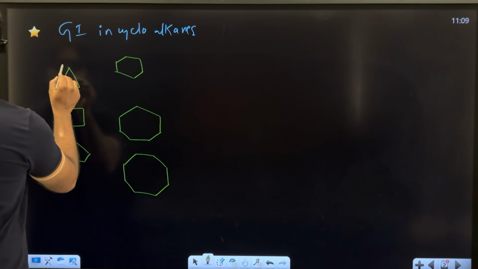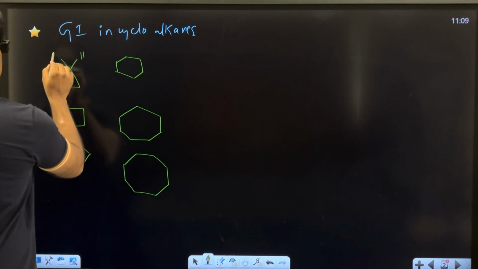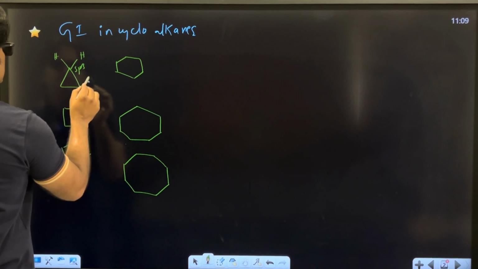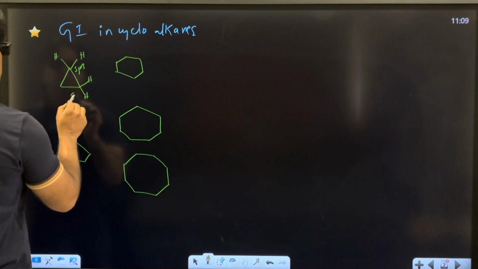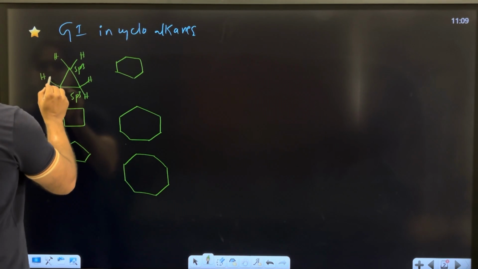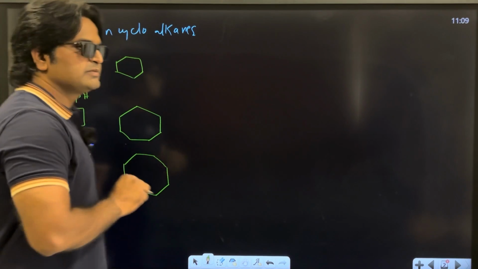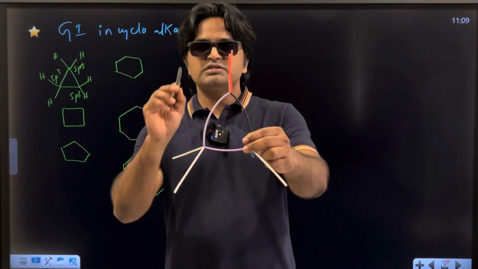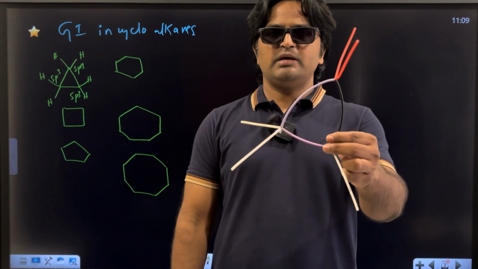Because in this ring system, this carbon atom has 2 bonds in the ring and 2 hydrogen atoms, so the hybridization is sp3. Again here also 2 hydrogens, and the hybridization is sp3, right? So each carbon atom in this 3 member ring system is sp3 hybridized.